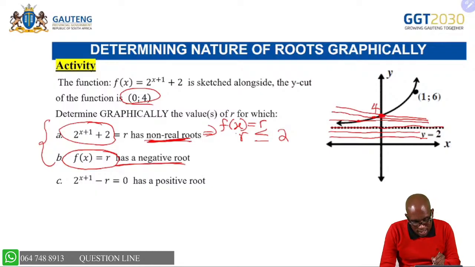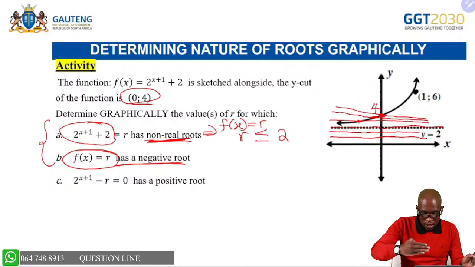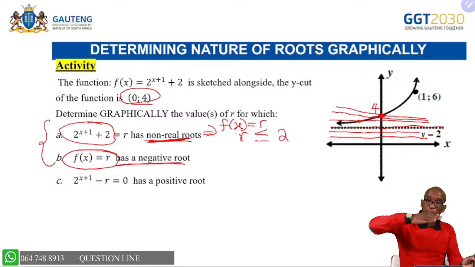So we are interested where it touches the graph on the negative x-axis. Where does that occur? It occurs in between, just above the asymptote and just below the y-intercept.